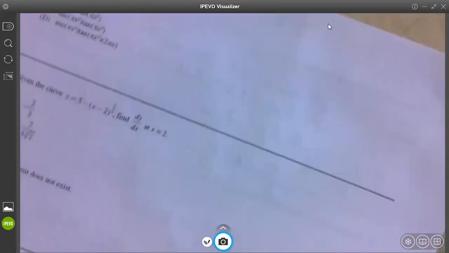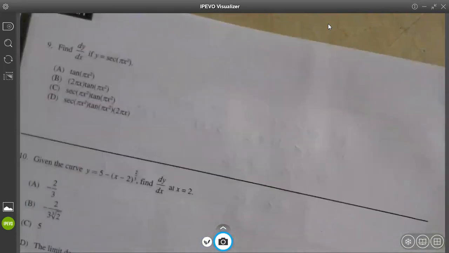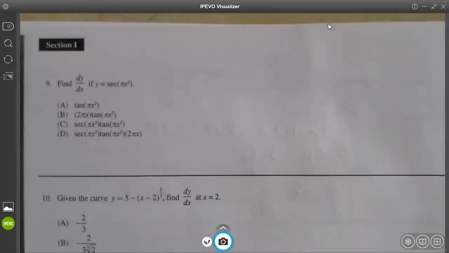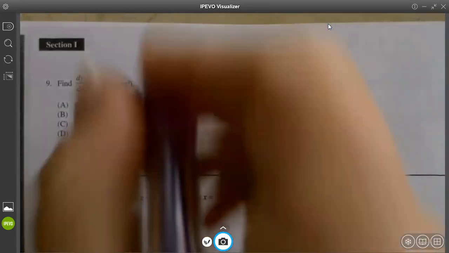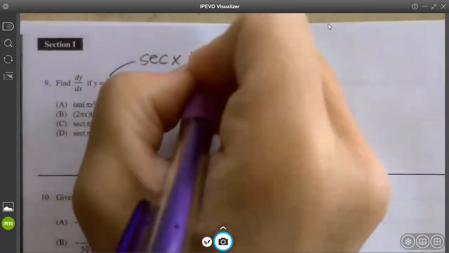Next question. I hope that's an easy one. This one, you just have to know your derivative rules. What's the derivative of secant? Secant x tan x.